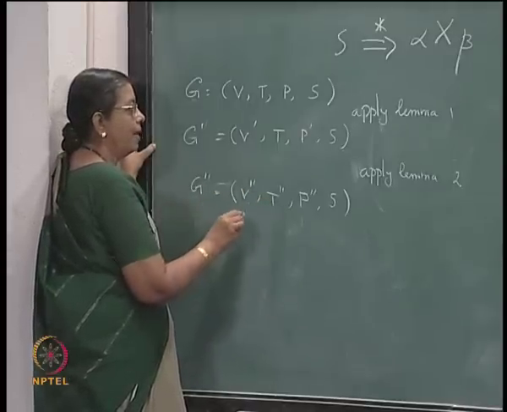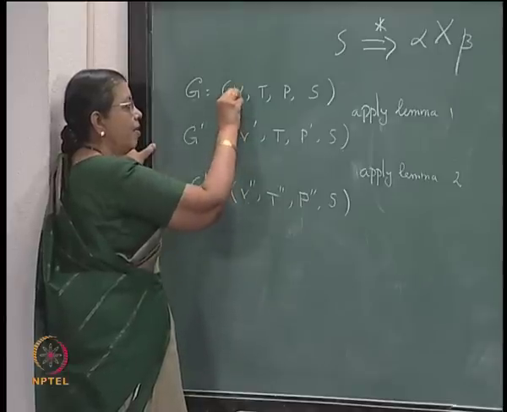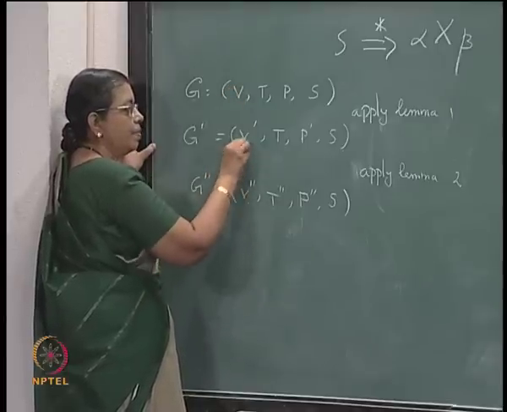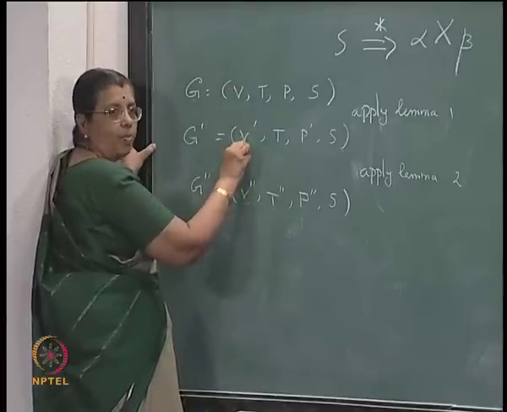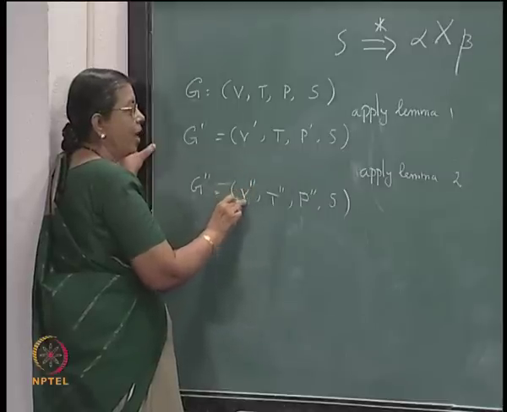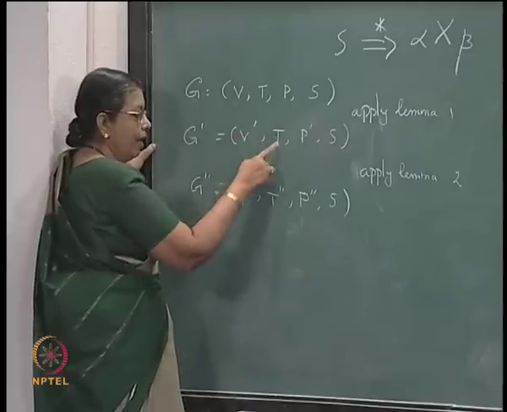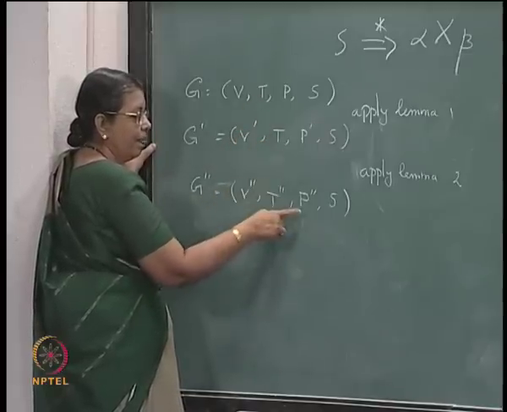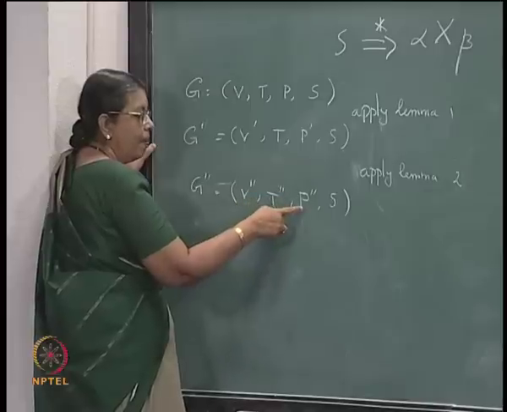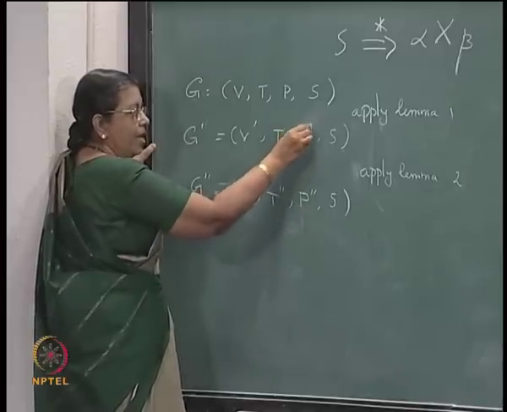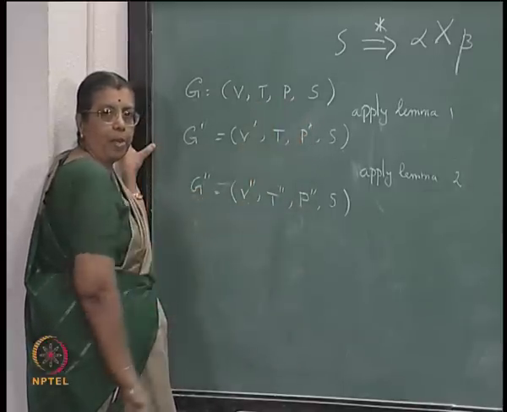You must remember that V dash is a subset of V, V2 dash is a subset of V dash. So, obviously by transitivity V2 dash will be a subset of V, and here T and T are equal, here T dash is a subset of T, T2 dash, and P2 dash is a subset of P dash, and P dash itself is a subset of P.